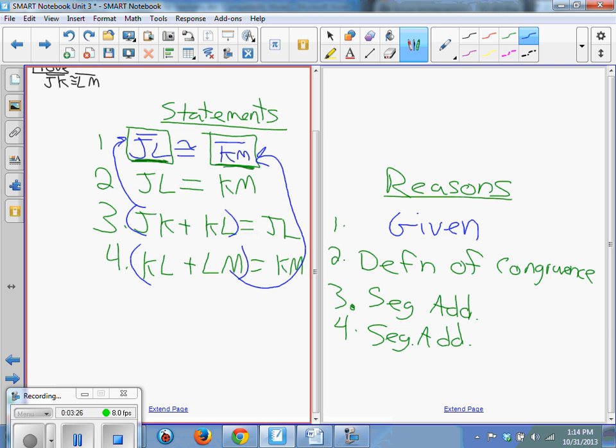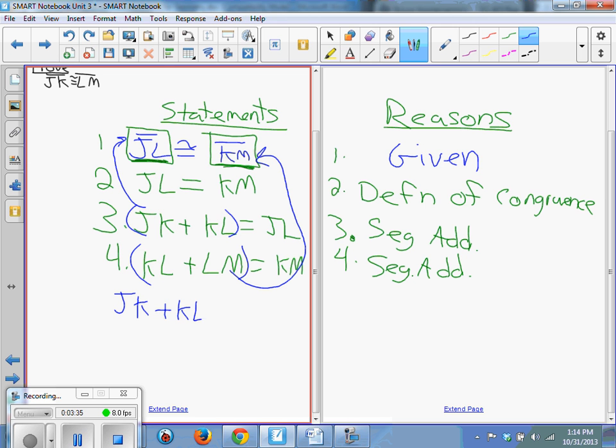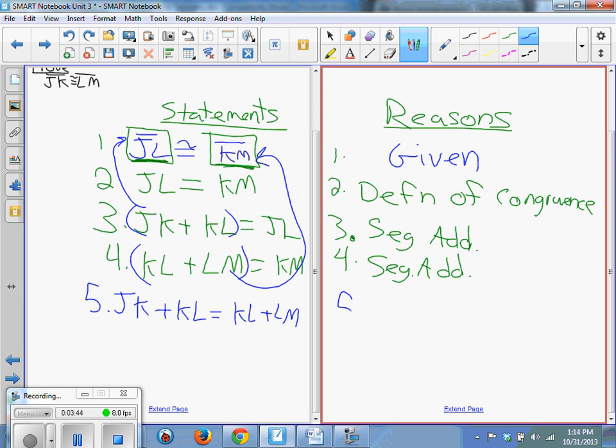So the next thing that we are going to do is put those two things together. So the length of line segment JK plus the length of line segment KL equals KL plus LM. All right, this is number 5. The reason I can do that is substitution. We just substituted, instead of writing JL, we wrote JK plus KL.